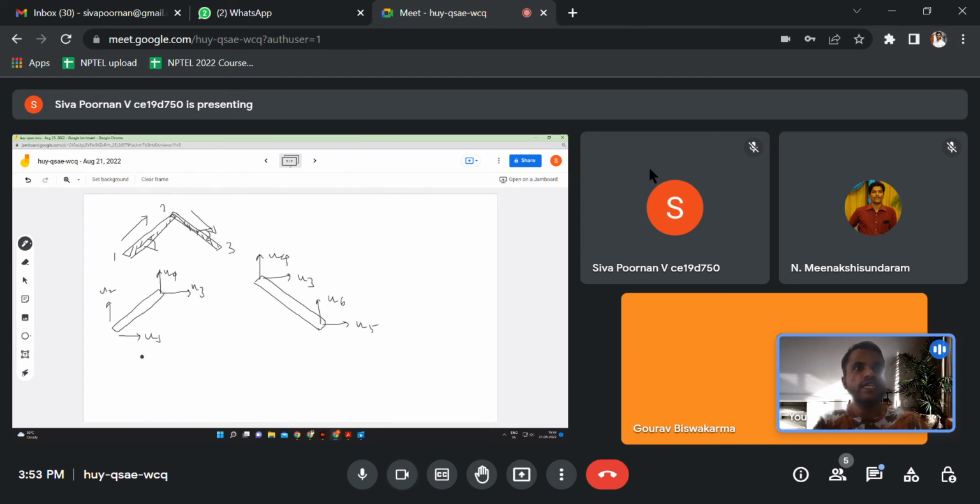So let's say we have found out the 4 by 4 stiffness matrix for these two members. This is member 1 and this is member 2. We have found out a 4 by 4 stiffness matrix for the first member. We have also found out the stiffness matrix for the second member. Then for the whole structure, what should be the size of the stiffness matrix?